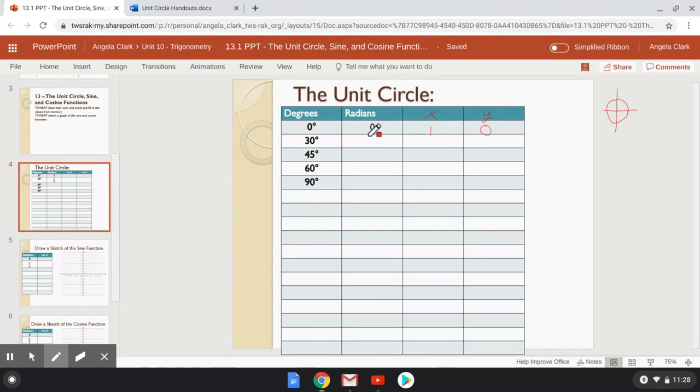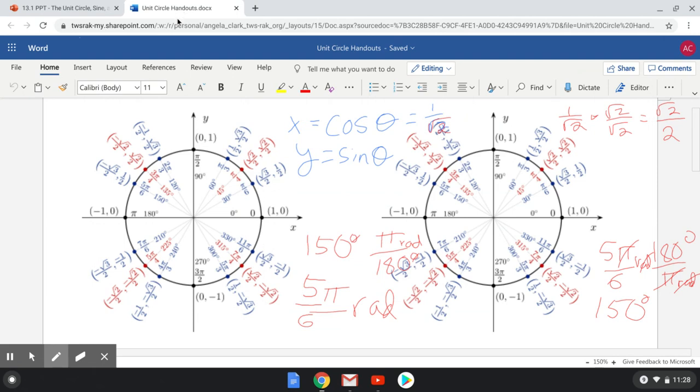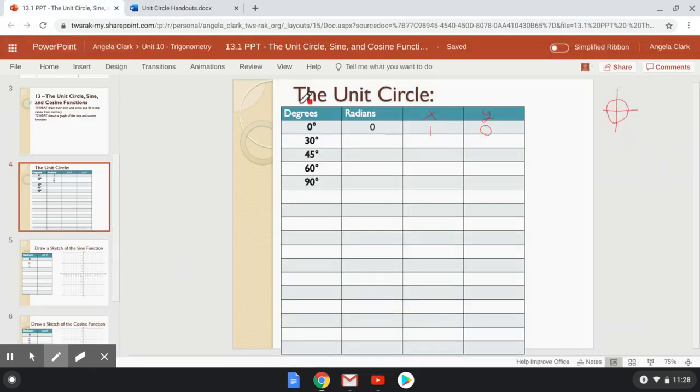So 30 degrees is going to be, my brain just completely stopped working. I'm just going to go back and look at it. It's pi over 6. I knew that, but again, my brain just decided not to think.